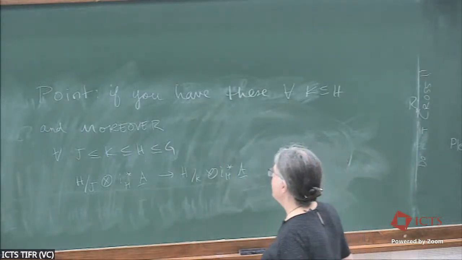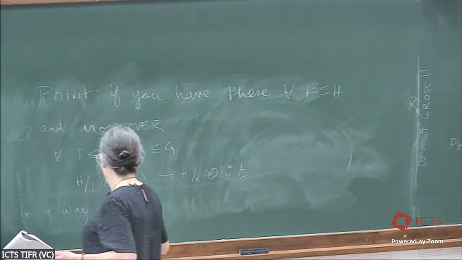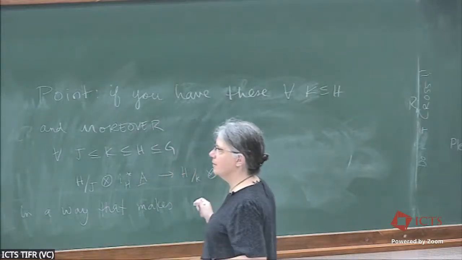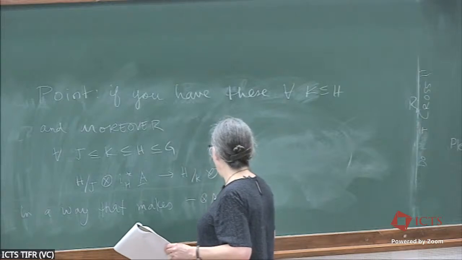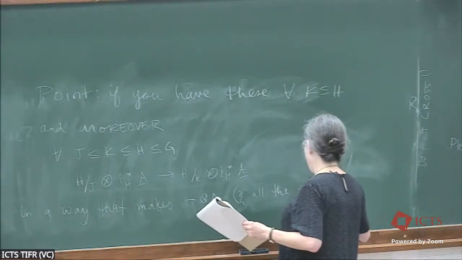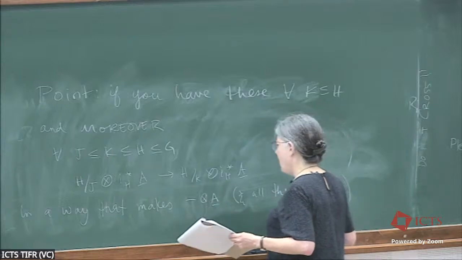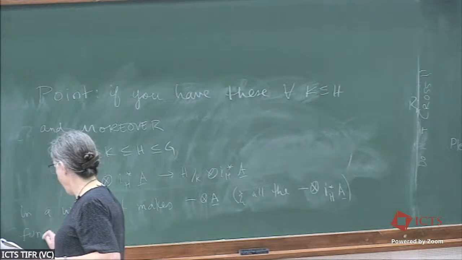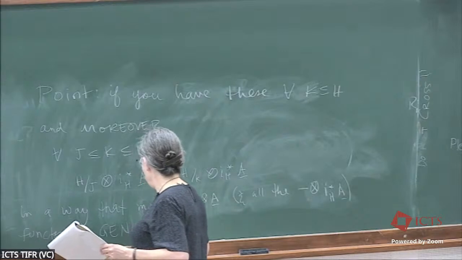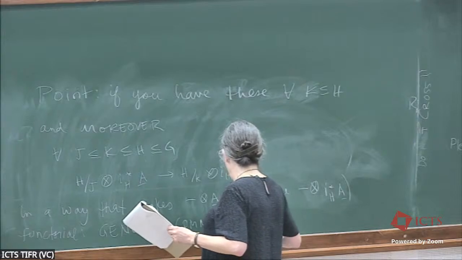If you have this, in a way, that makes A and all the I_H star A functorial. Genuine commutativity.